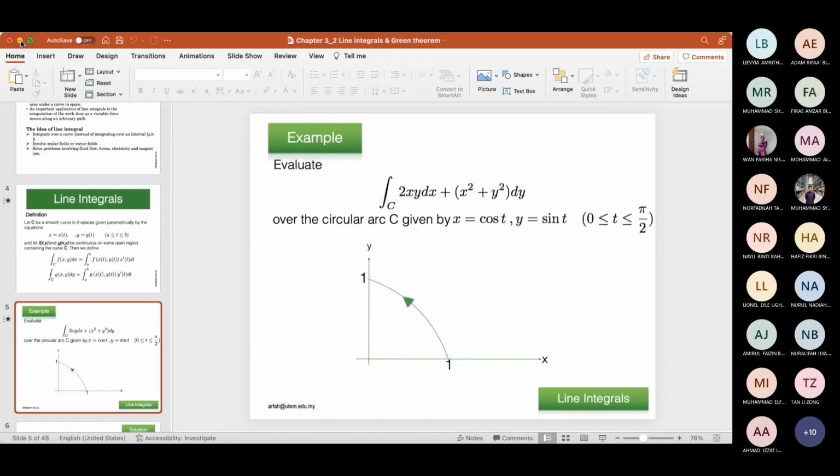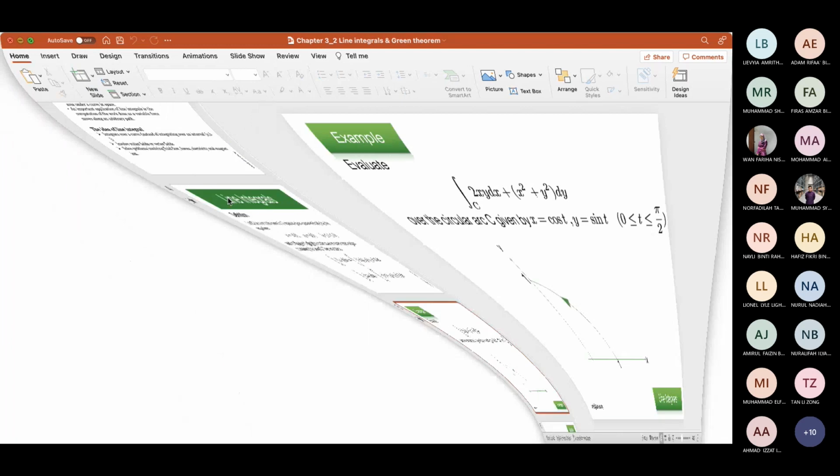Okay, so I want to change to my iPad for this one. How you are going to solve for the line integral.